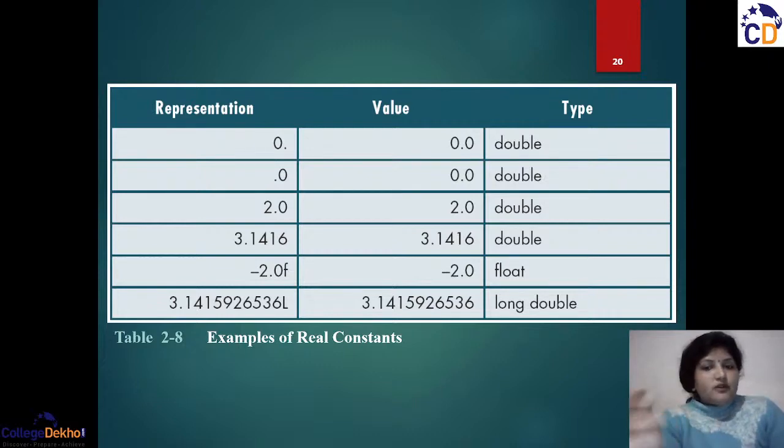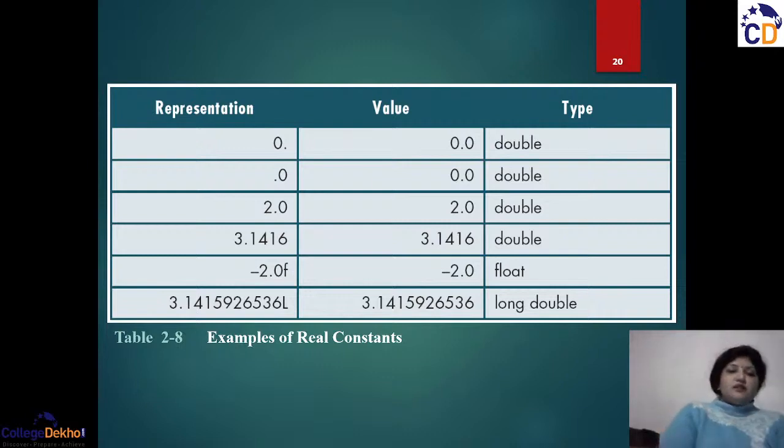F is for float, so the value will be represented as minus 2.0. Then we have L. L stands for long, and it is a decimal point number, so it is a long double, then we will be taking the data type constant as double.